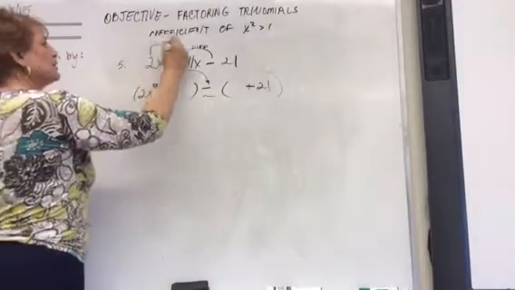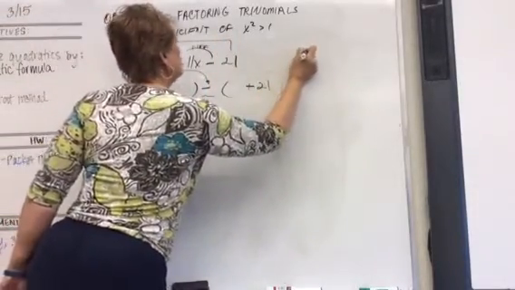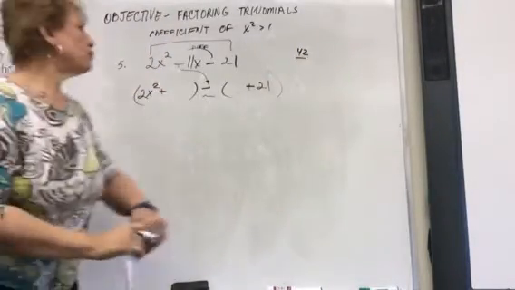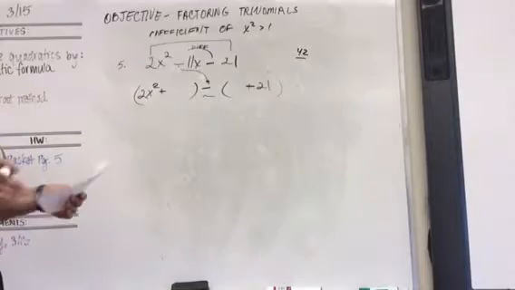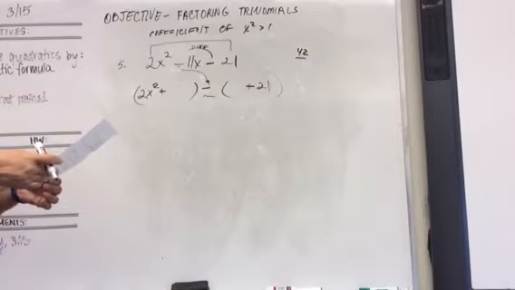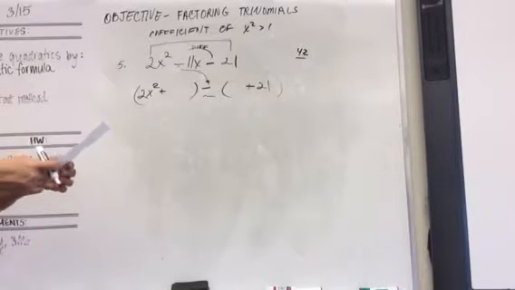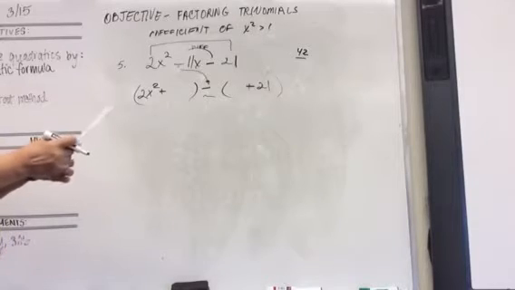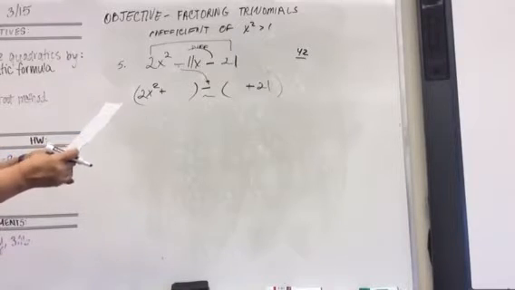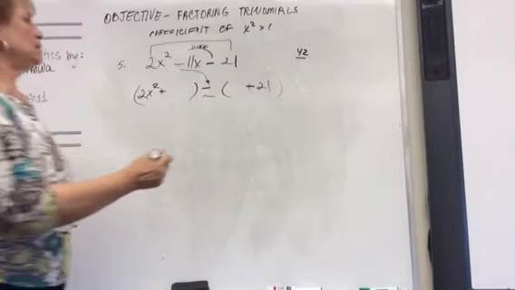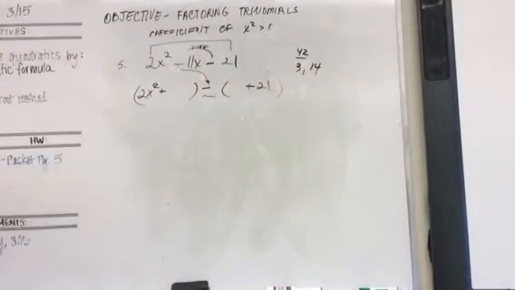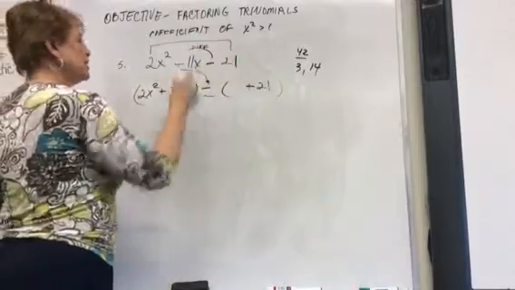Now I'm going to multiply my 2 times 21. That gives me 42. And I ask myself, what factors of 42 do I subtract and get 11? And I've done the work for you, and I think it's going to be 3 and 14, because 14 minus 3 is 11.